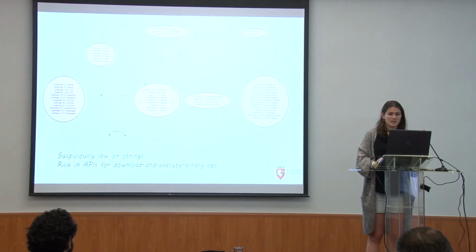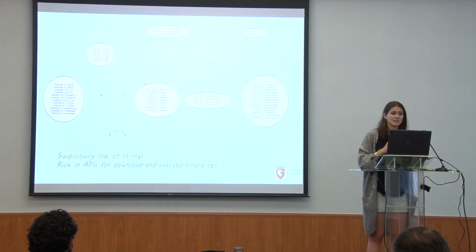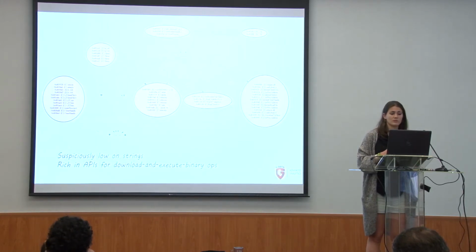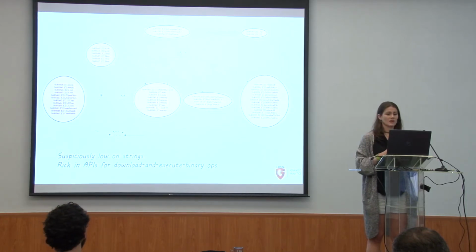But here's another graph which does not show all that much information, which is to visualize another application that the tool could be used for: to find binaries that look suspicious or look runtime packed.